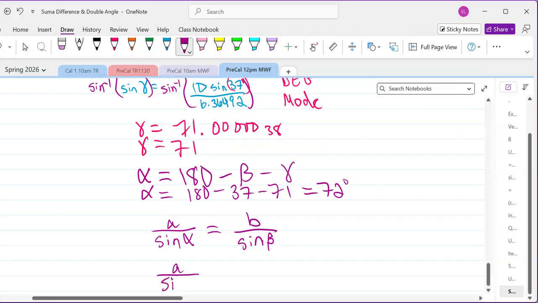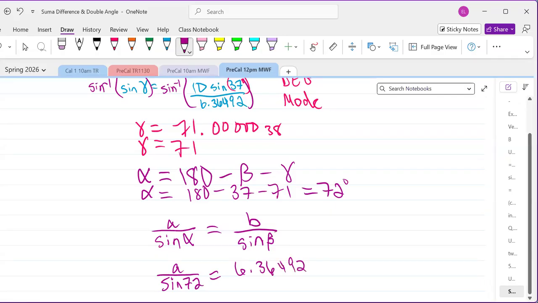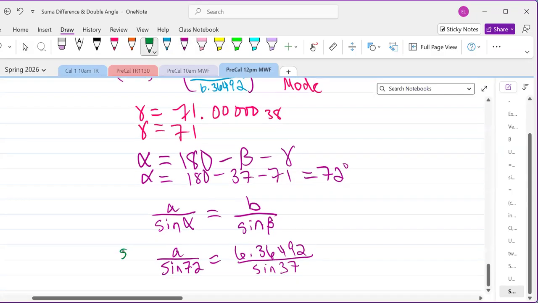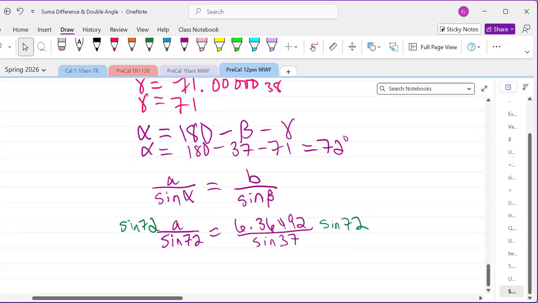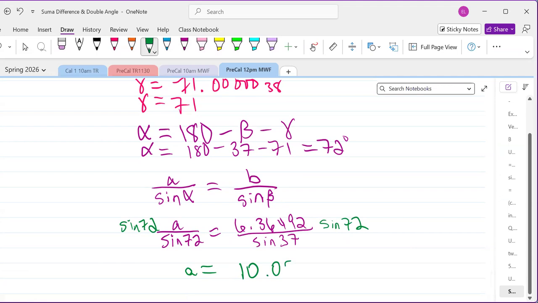So A over sine 72 equals annoying number over sine of 37. Multiply both sides by sine 72. And there is what we have to calculate for side A, which I think it came out to like 10.05 and some change.